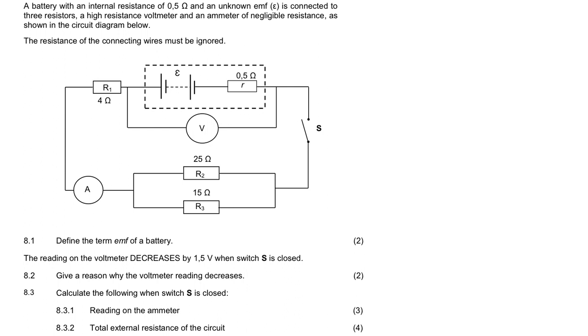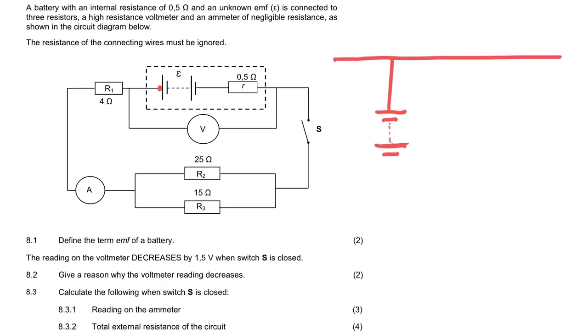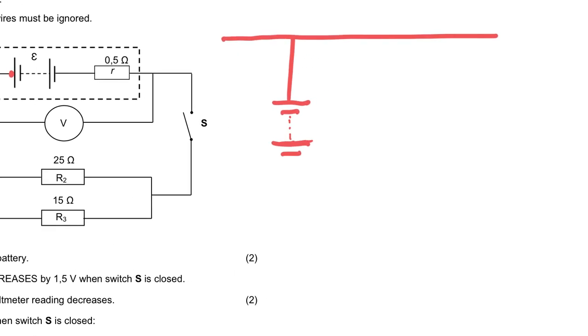So I'm going to start here, and I'm going to draw the positive terminal of the battery on the top and the negative terminal on the bottom. Then I draw 2 rails. I'm going to draw a positive rail there, making it a little bit bigger, and I'm going to draw the negative rail, or ground rail, down here.